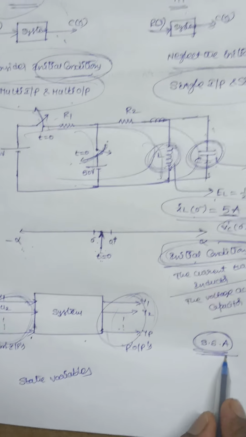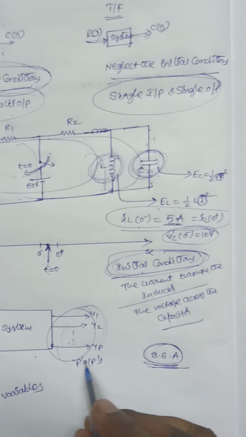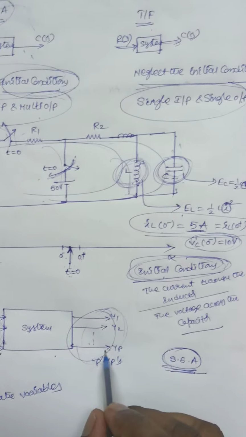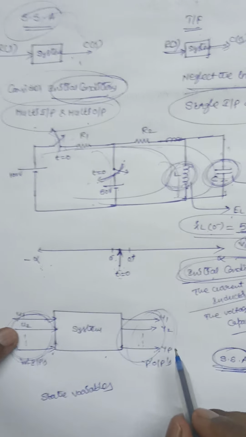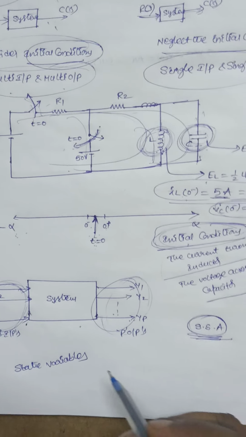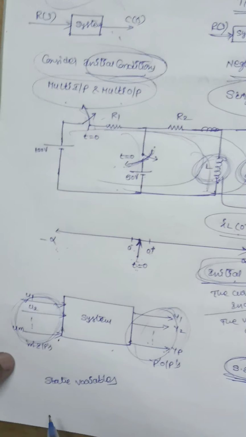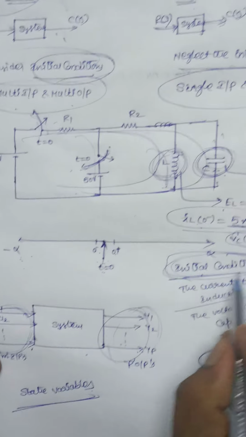State space analysis is used to estimate the future behavior or the output of the system from the present input and from the past history of the system. Past history of the system can be described with state variables. The state variables are nothing but initial conditions.